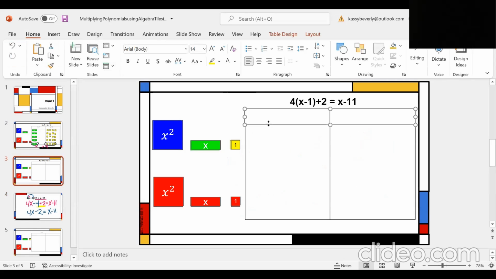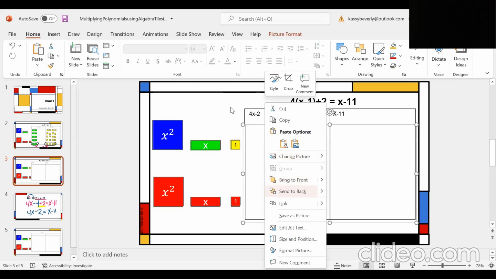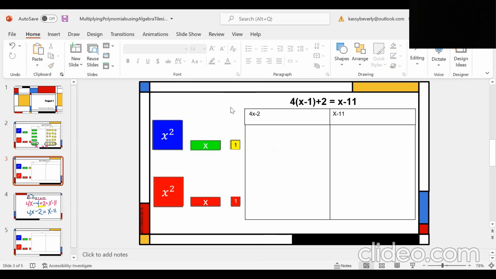All right. So now we have 4x subtract 2 equals x subtract 11. All right, so then we're going to begin to show this, demonstrating it. So we have 4x, which means we're going to take 4 green x's.